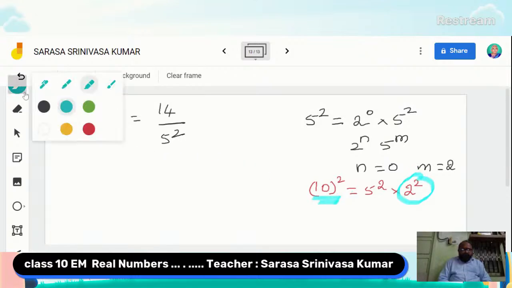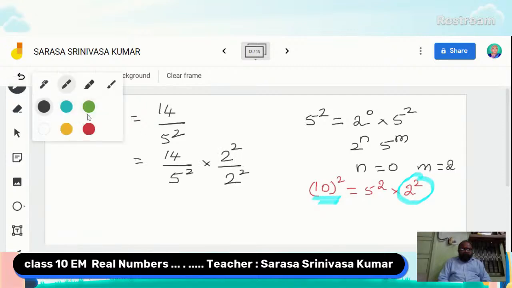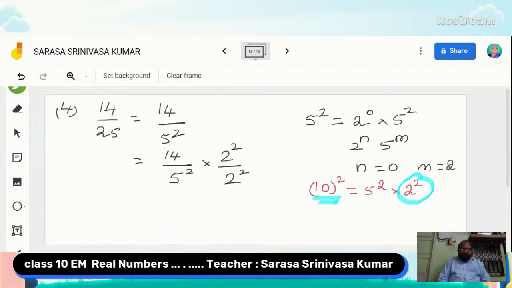So 14 by 5 square multiplied by 2 square divided by 2 square. Now students must understand why we have divided and multiplied by 2 square. This is because we want to get 10 square in the denominator. Why?